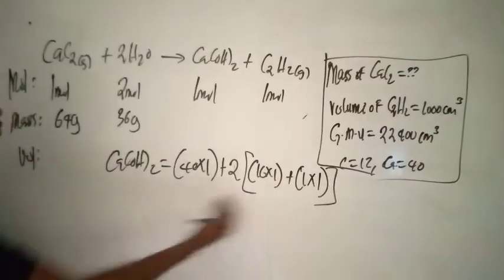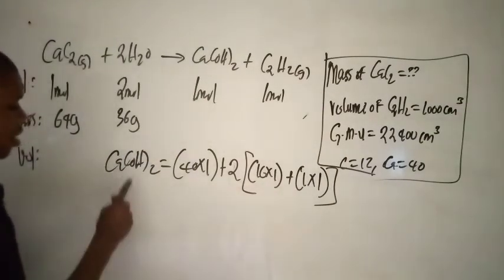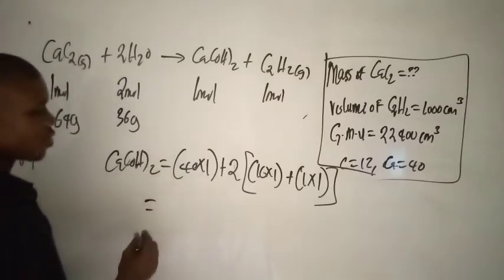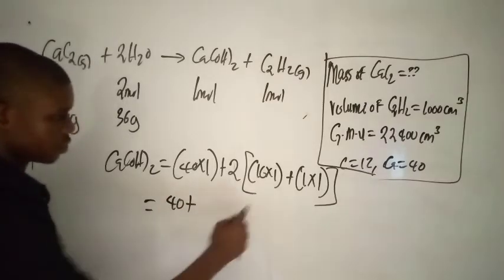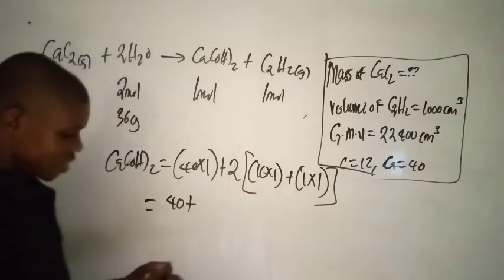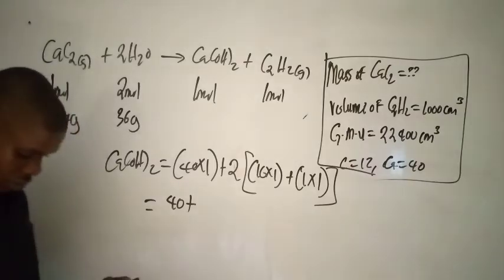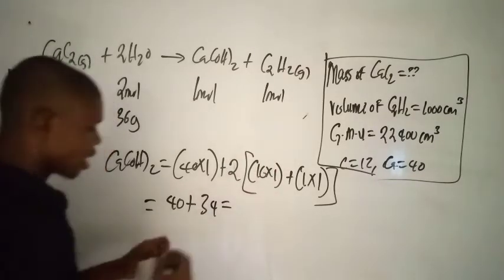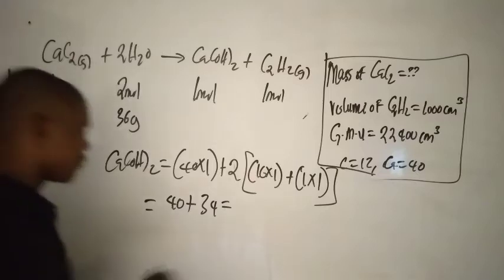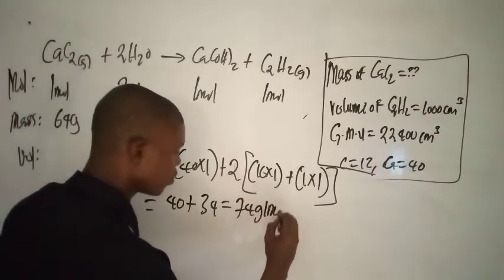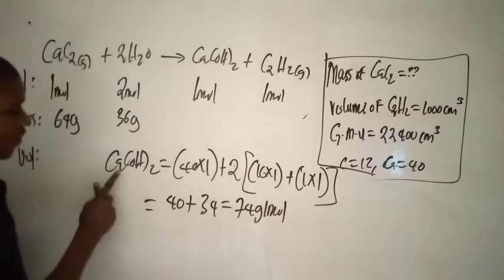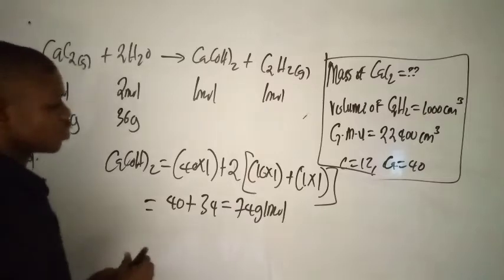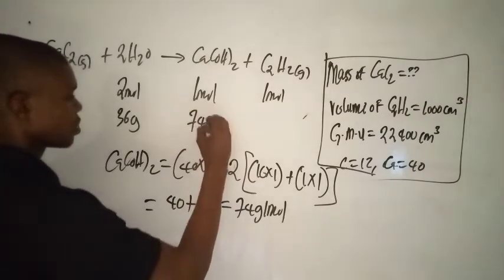You are just calculating the molecular mass of the compound: 40 plus 16 plus 1 is 17, and 17 times 2 is 34. So the whole of this gives 34. If you sum everything, it is 74 grams per mole. For every 1 mole of calcium hydroxide, I have 74 grams. How many moles do I have here? 1, so 1 times 74 is 74 grams.